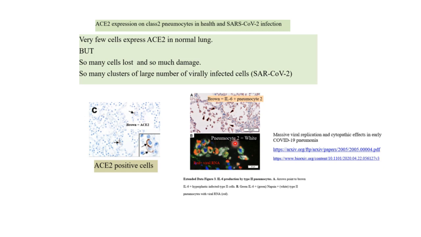They are identified as pneumocyte 2. The white staining is for a marker for pneumocyte 2. And the question arises, how can virus affect so many of these cells when there are only few cells in the sample? But remember, this is a disease sample, and several things are happening here, as we will see.